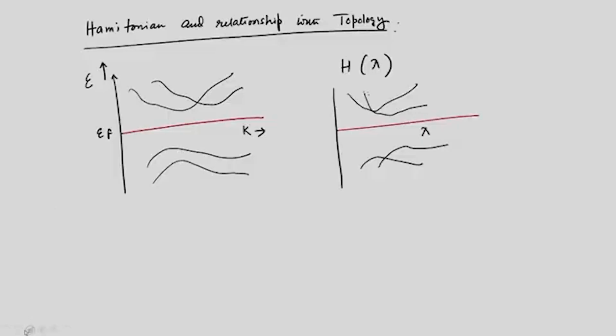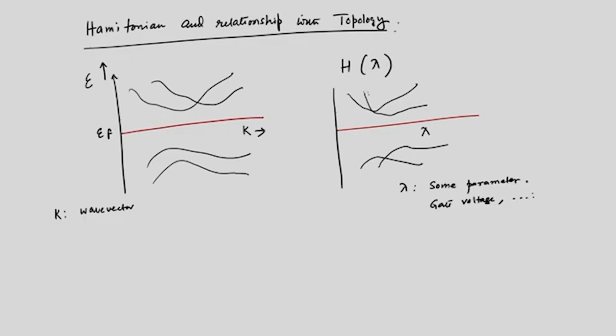K is the wave vector, by the way. So let me write that. K is the wave vector and lambda is some parameter, such as gate voltage or spin orbit coupling, which can be tuned by some external means.